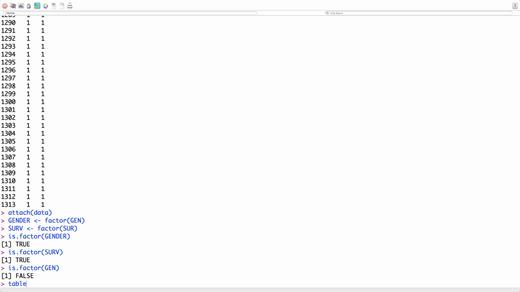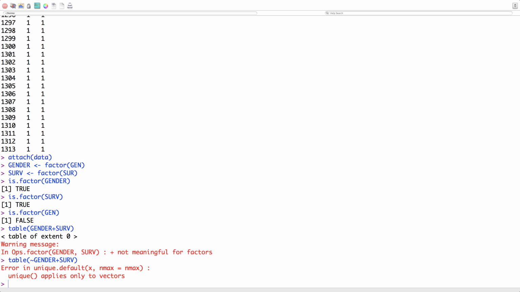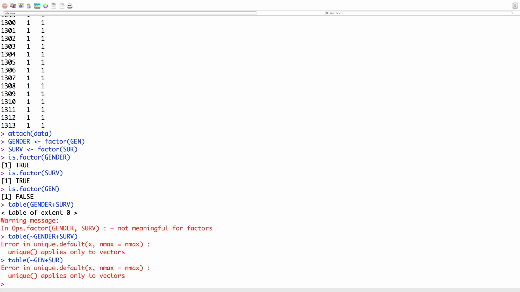I'll tell you what, let me show you how to do this first. If we do table gender plus survive, doesn't work. I don't know what it is. Well, let me try this. Maybe we have to use, well, this is fun.